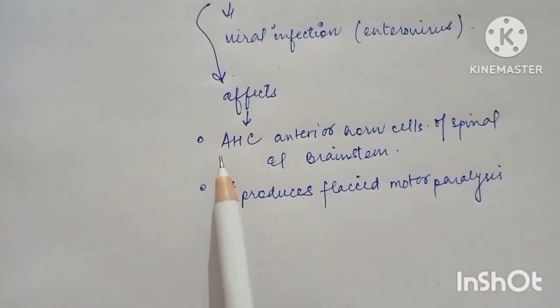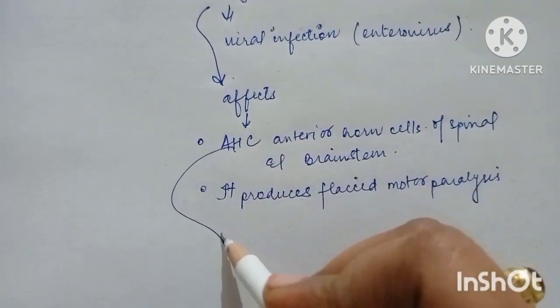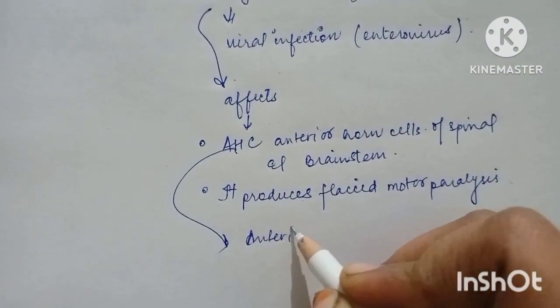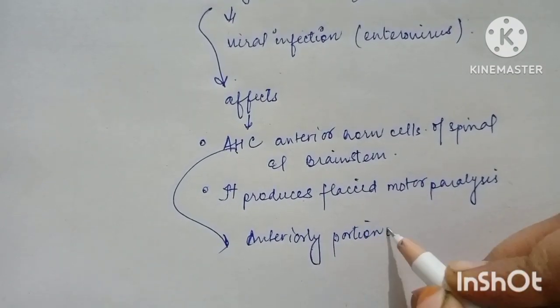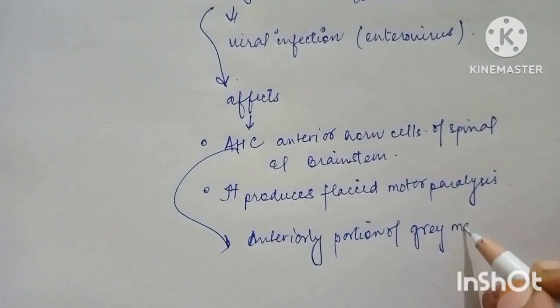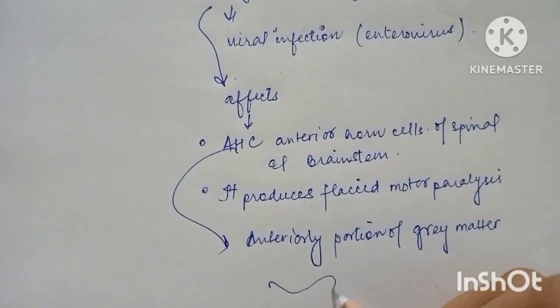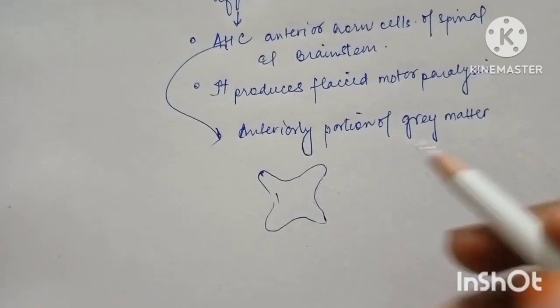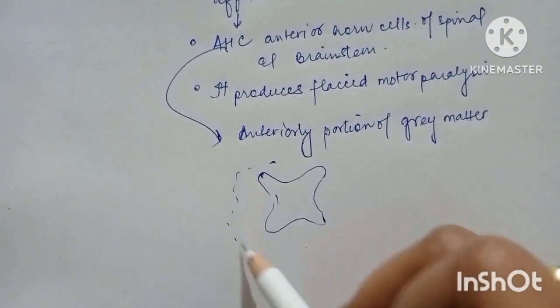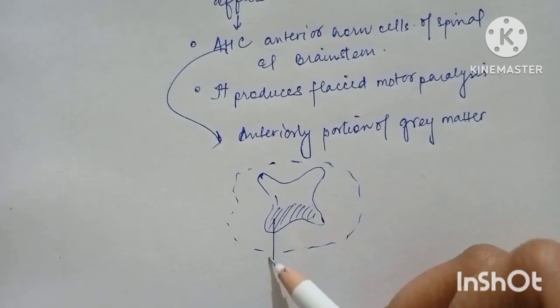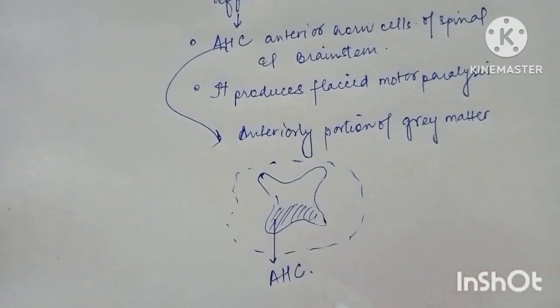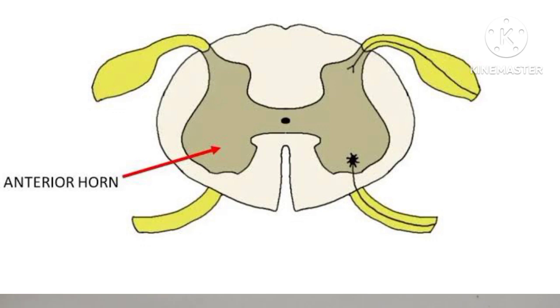So where are the AHC located? AHC is located in the anterior portion of the grey matter. Suppose this is the grey matter, so its anterior part, this part, is the anterior horn cells. So it generally affects this part.